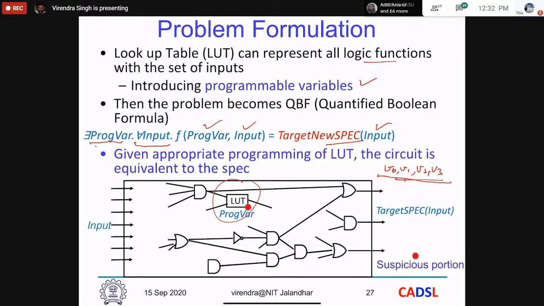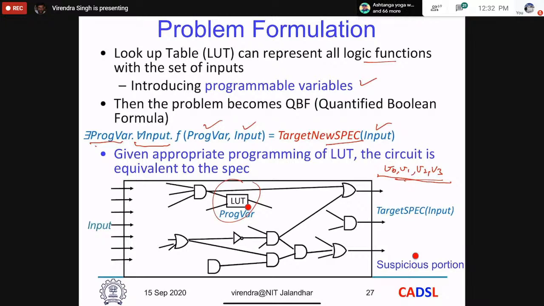You got my point? Yes, sir. So I located this portion, which can now be replaced, and I want to find the programmable variables for it, a set v0, v1, v2, v3, one value of that.